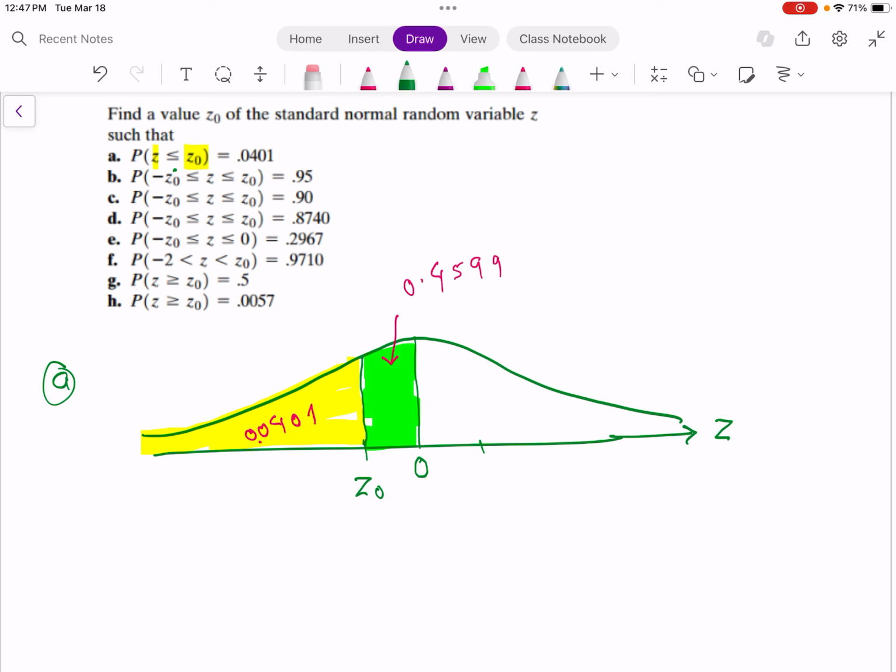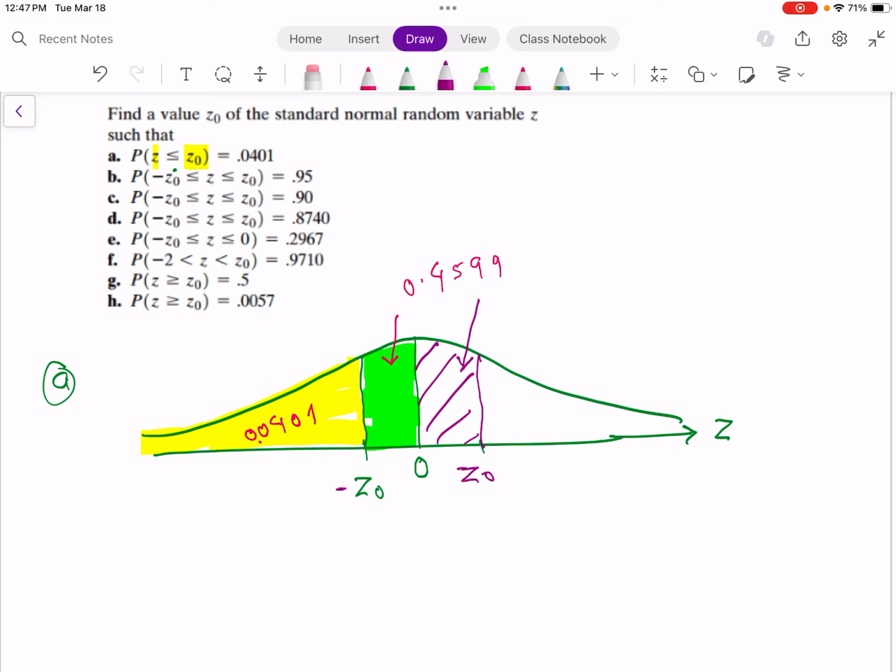So if I take the same area on the right side, this g naught on the left should be negative, right? So let me call this positive g naught. And what will be this area? Same as 0.4599, right? Now the next step is we use our g table and we look for the number closest to 0.4599.